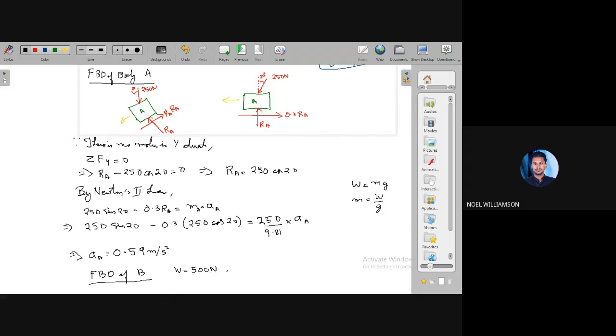All the other is same. So first of all, draw the free body diagram, then write it.